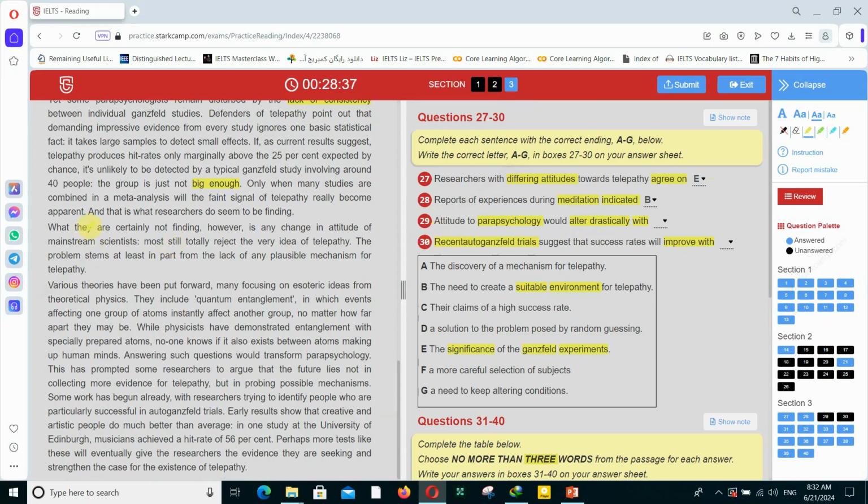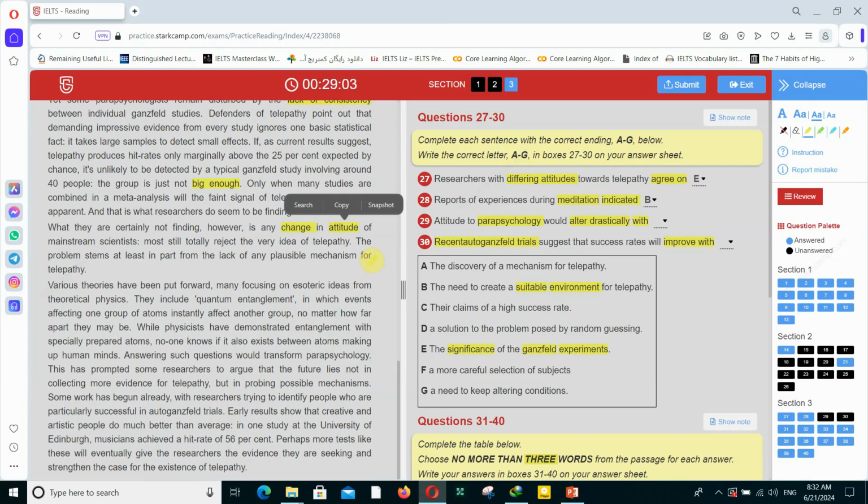So what they are certainly not finding, however, is any change in attitude. Attitude to parapsychology would alter drastically with change in attitude. These completely correspond to each other, and I created a keyword table for the IELTS exam.